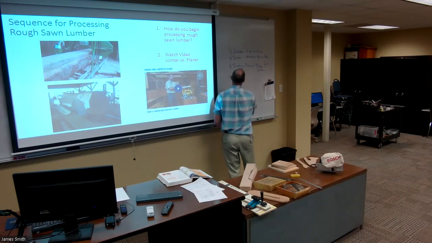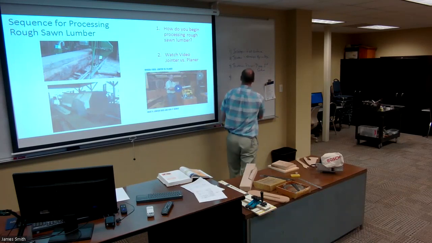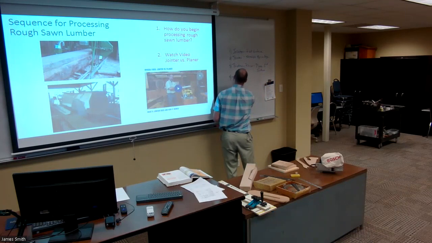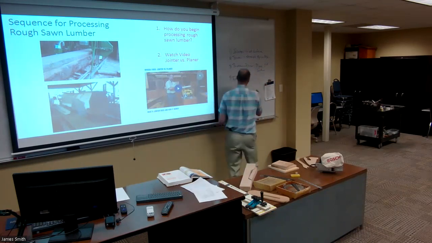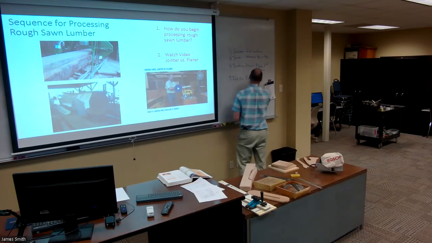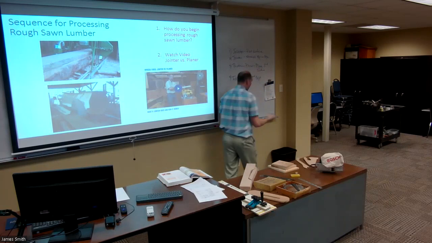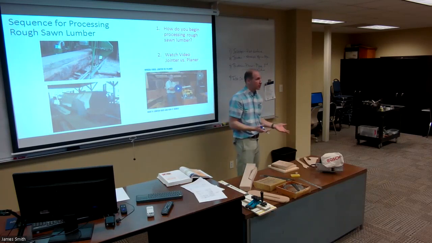And then from there, we've got a straight edge, so we can go to the table saw. We can rip another edge parallel and square. We're going to rip our second edge. Now we've got some stock that we can do some things with, because we've got four prepared edges.